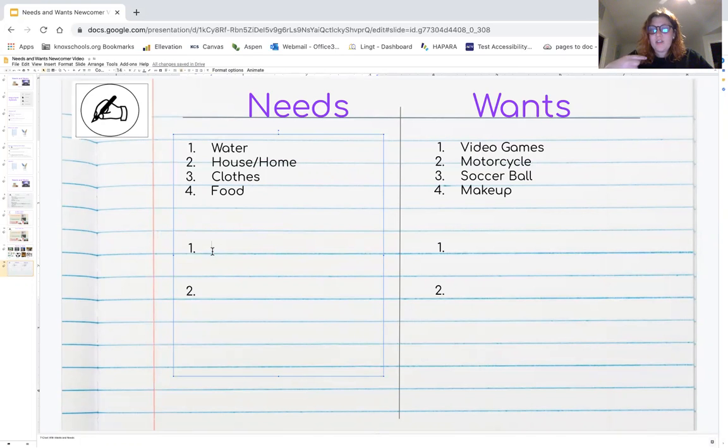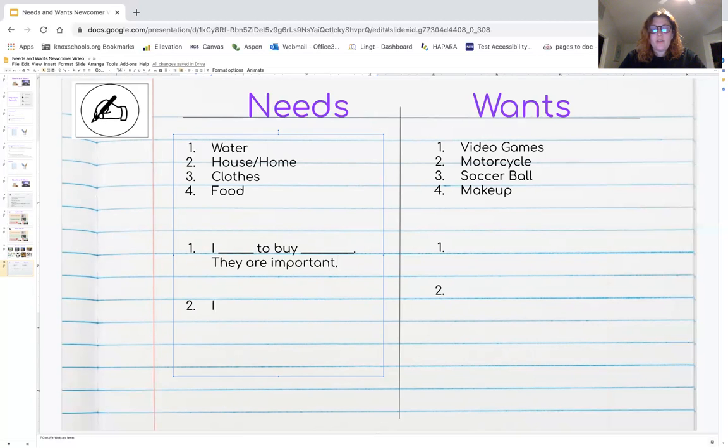So write with me. Number 1, under needs. And then we're going to leave a space. To buy. They are important.